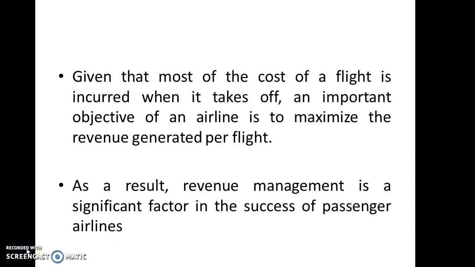Given that most of the cost of a flight is incurred when it takes off, an important objective of an airline is to maximize the revenue generated per flight. That is why the travel cost in airlines is dynamic. It changes from time to time based on the demand and seats filled in the particular flight.